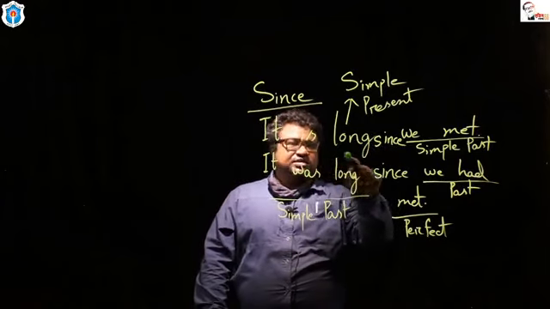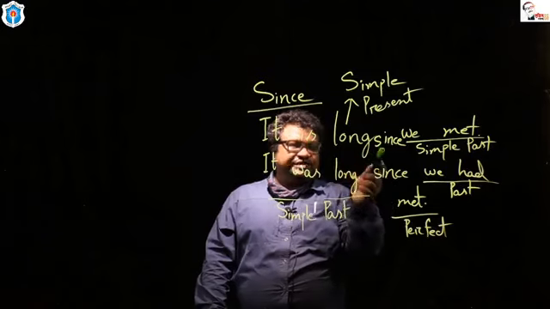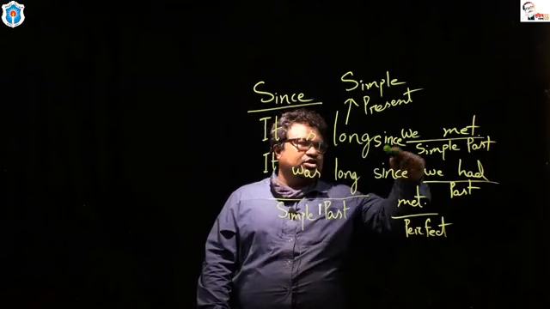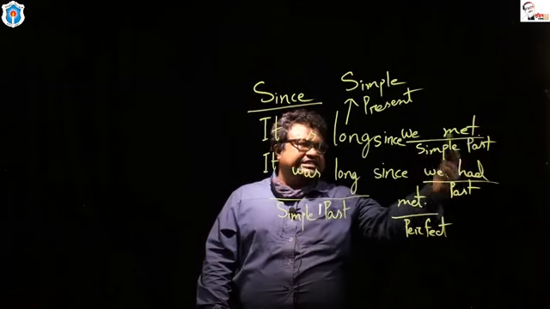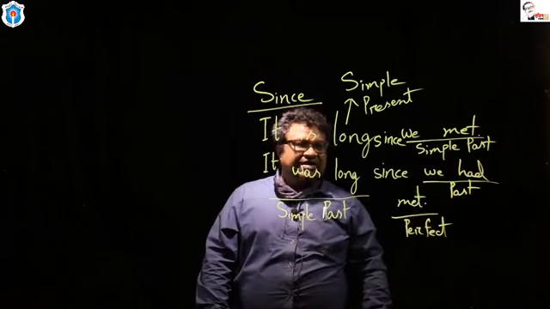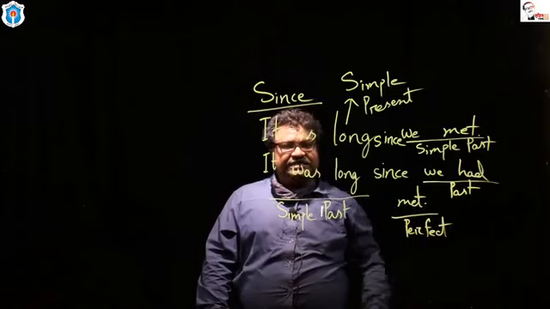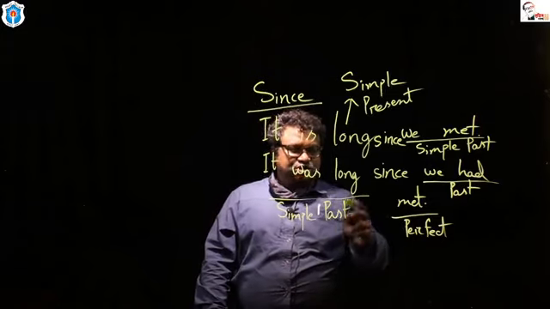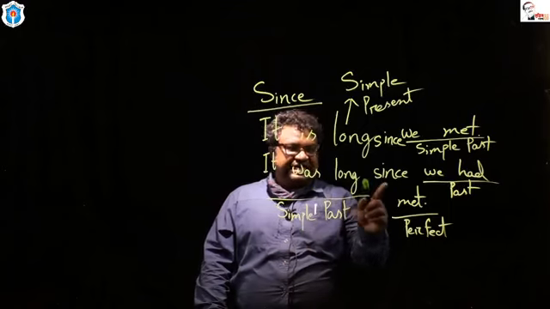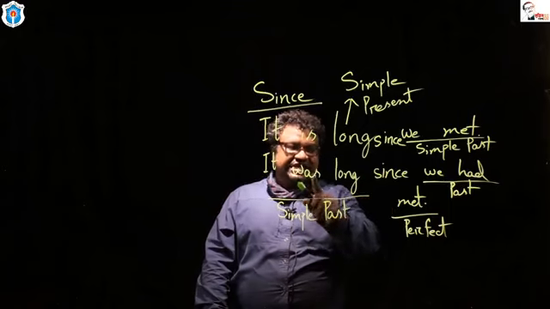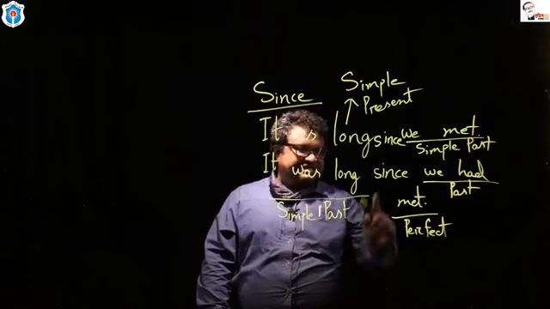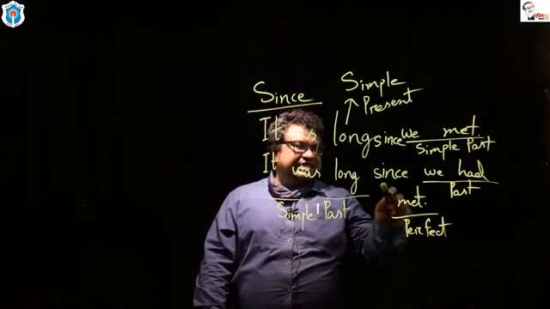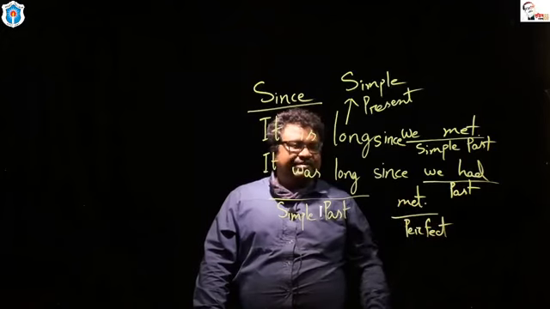as this portion preceding this since is in simple present. So the portion which comes after this since will be in simple past. On the contrary, if the portion preceding this since is in simple past, then the portion which follows this since will be in past perfect.